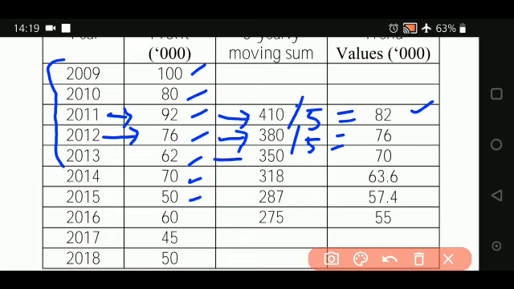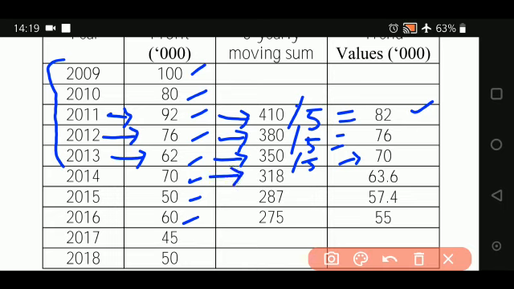The total you will be writing in between this year, that is 2013, and that is 350. When you divide it by 5, you get 70. My pen marking is not that clear, but I am sure it is clear enough to make you understand. Then you are going to skip 92, then you are going to add 76, 62, 70, 50 and 60. That total you write it as 318.